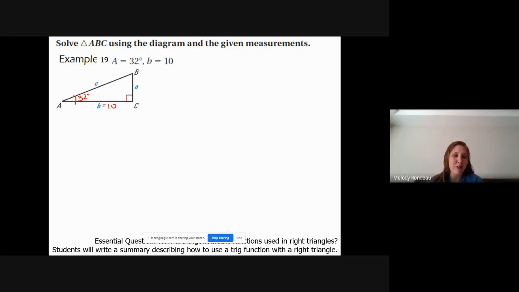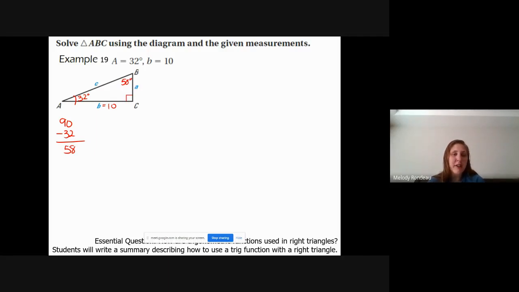Typically, I like to get rid of the angles first because I think they're easy. So we mentioned doing triangle sum, or the shortcut version is to take 90 degrees and subtract 32 to find the other missing angle. So this would give me 58, I believe. Someone to check my math. I don't add and subtract very well sometimes when I'm in a hurry. But I believe it's 58.